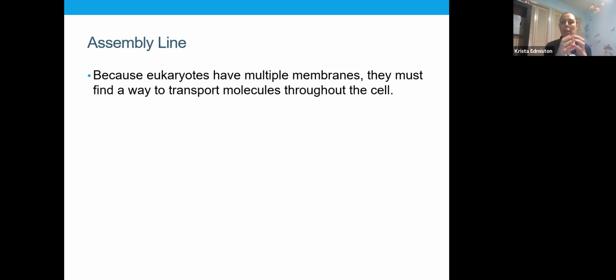Because the DNA is inside the nucleus. After we transcribe the DNA and then we have to translate it, that translation occurs at a different location, and then that protein needs to be modified and then packaged and sent to wherever it's needed in the cell. So in order to get through the different structures of the cell to the location that it needs to go, it goes through this highway system.